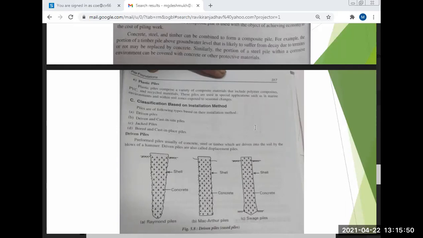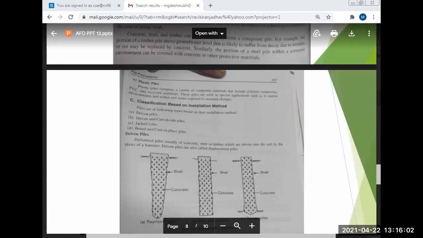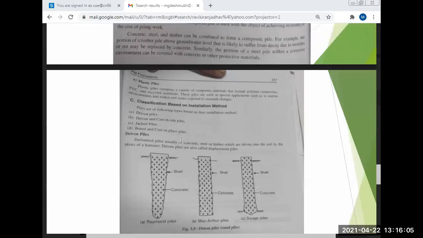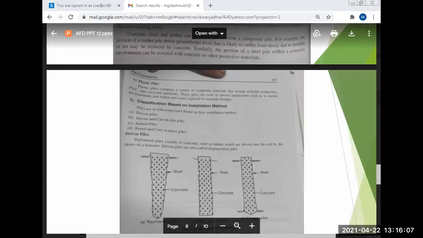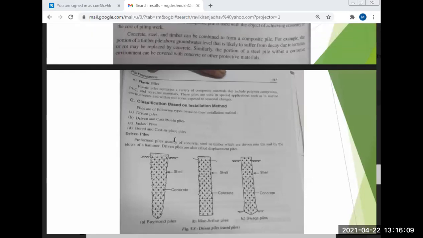Driven and cast in situ piles means of course they are driven, but they are manufactured there itself, produced on the site. Then jacked piles, where jacks are used to install the piles. And next is bored piles. Bored piles are generally used for cohesive, that is clay type soils, where it is easier to penetrate.